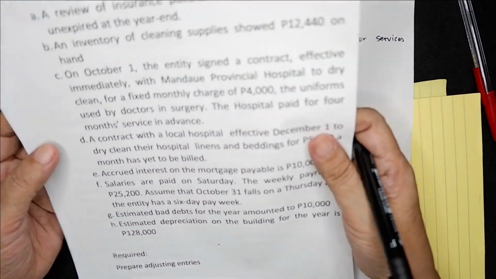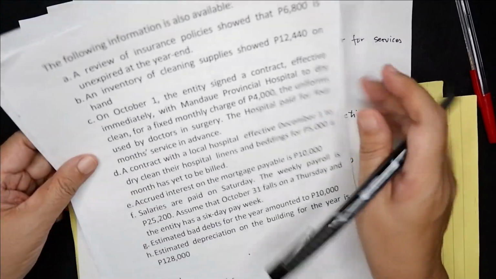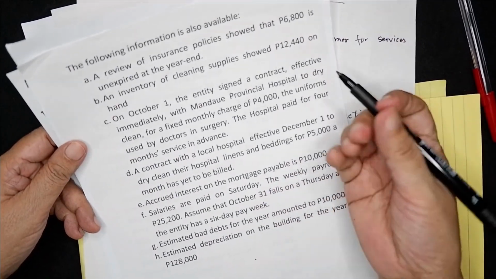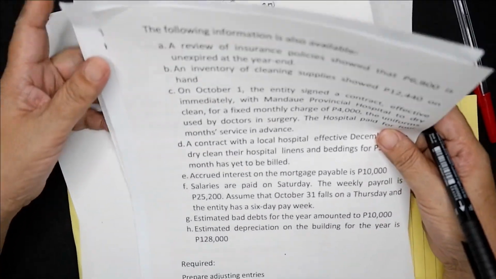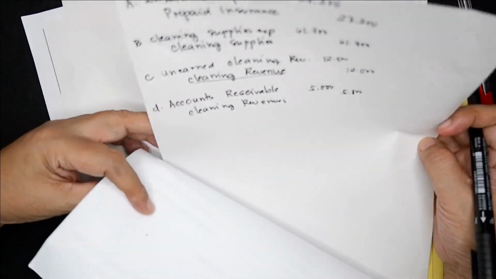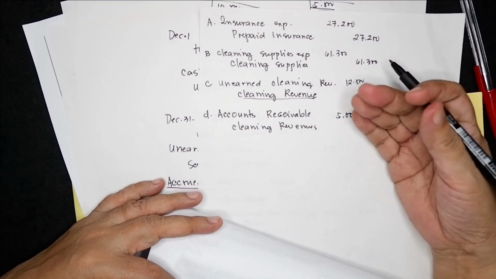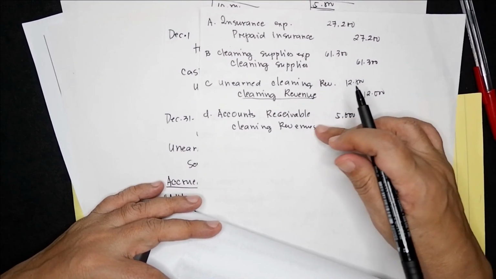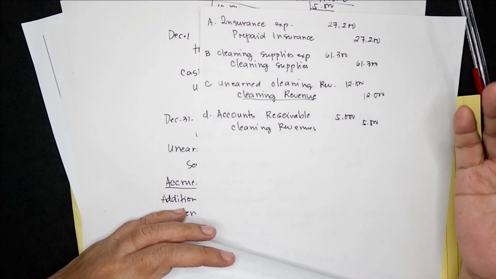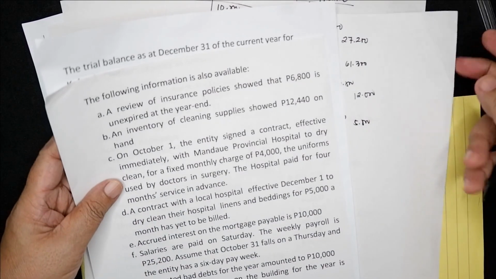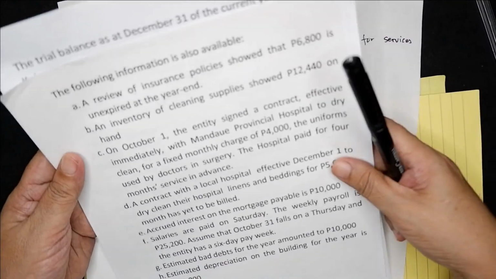So they didn't pay us yet, and we haven't given the bill, so we don't have an entry yet. That is why we have to prepare an adjusting entry to record our receivable, the asset, and to record our revenue because we delivered the services already for 1 month. That is for the month of December.